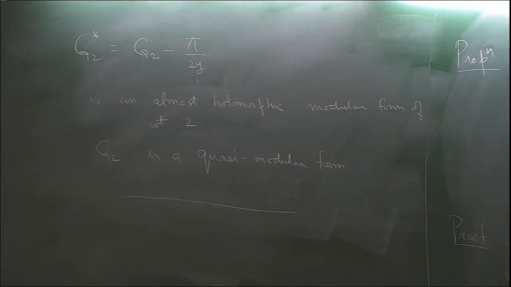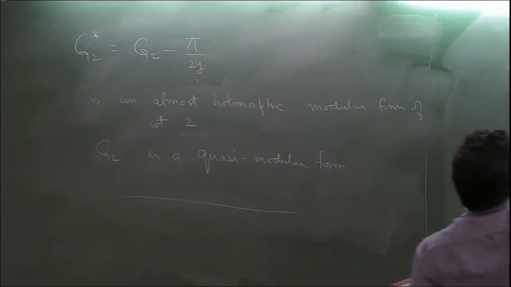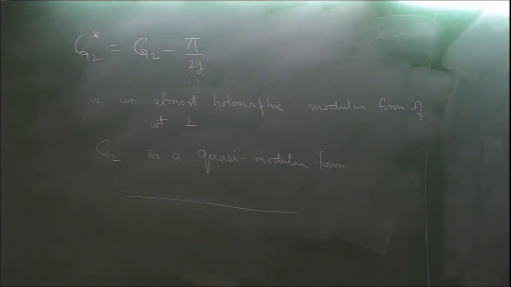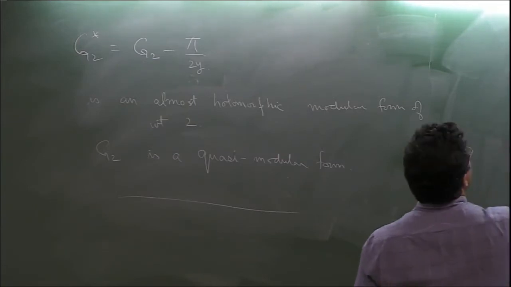When you apply these differential operators to modular forms, you don't get modular forms back. They lose their holomorphicity, so you have to go to the bigger space of almost holomorphic modular forms or quasi-modular forms.